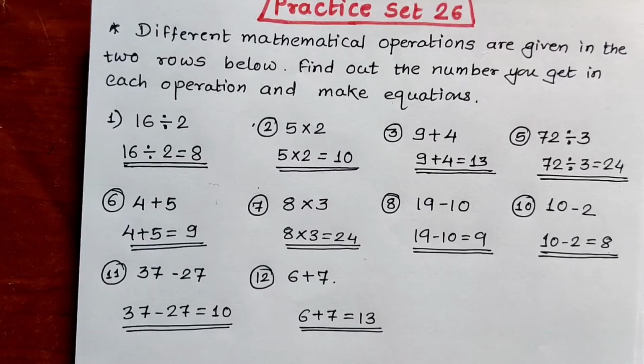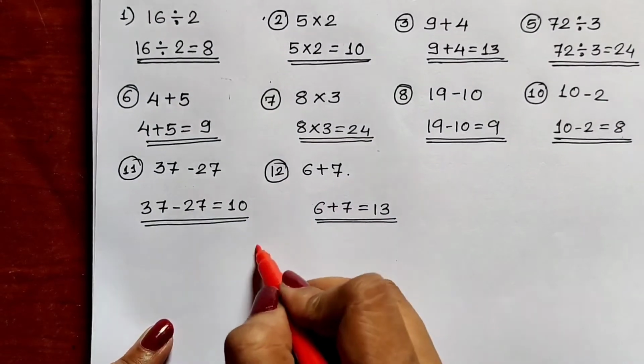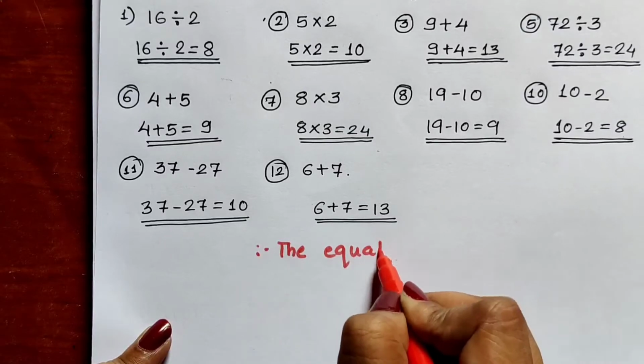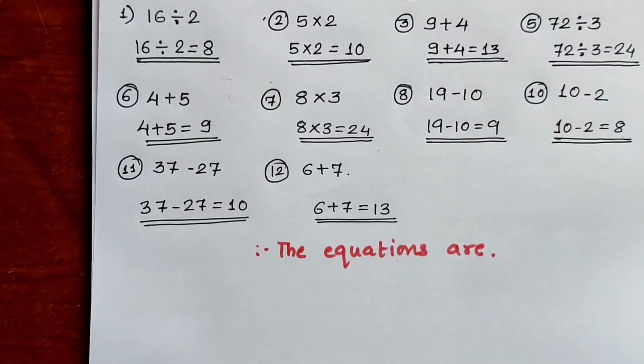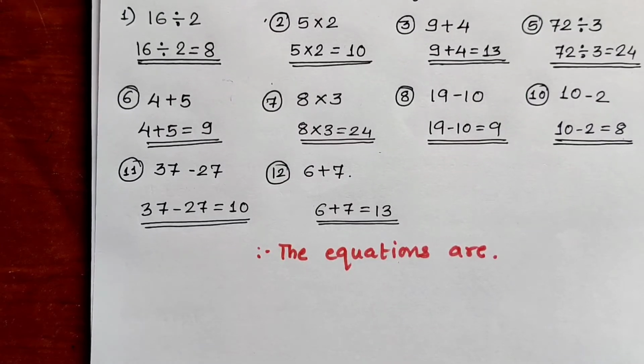Therefore the equations are, I write here. How to make equations from these answers? We will see which two operations have the same answer, then those two operations are equal.